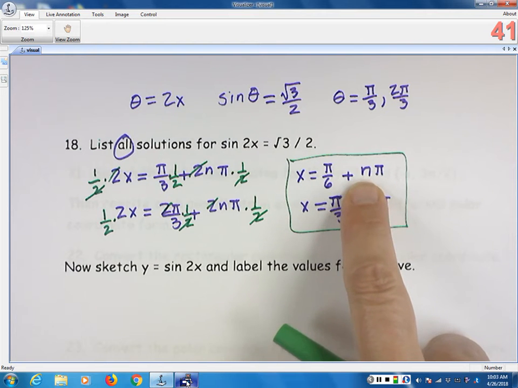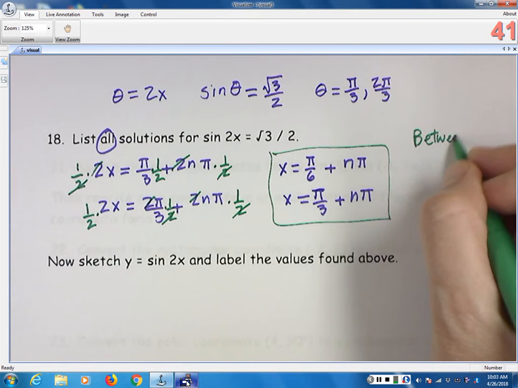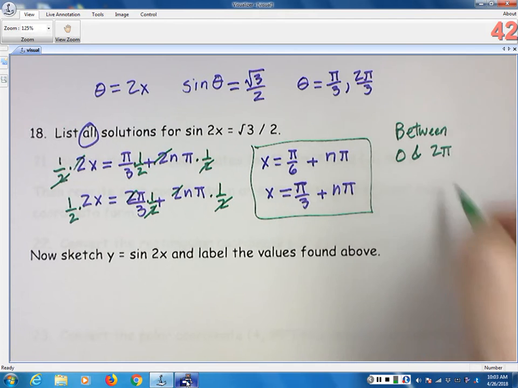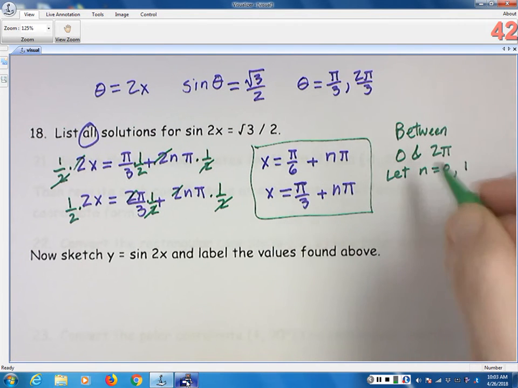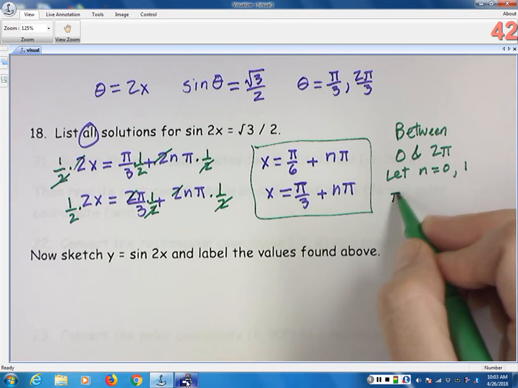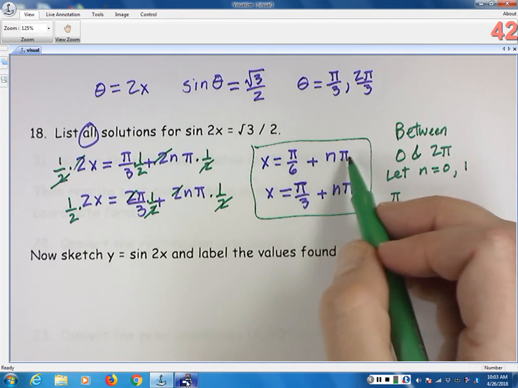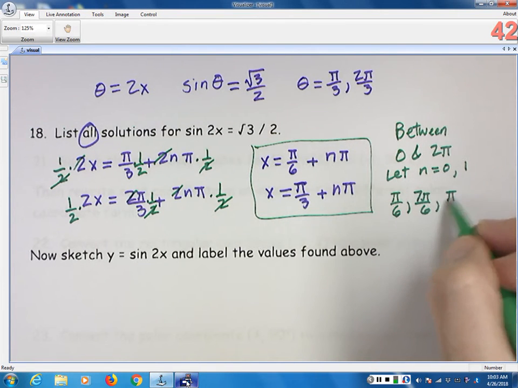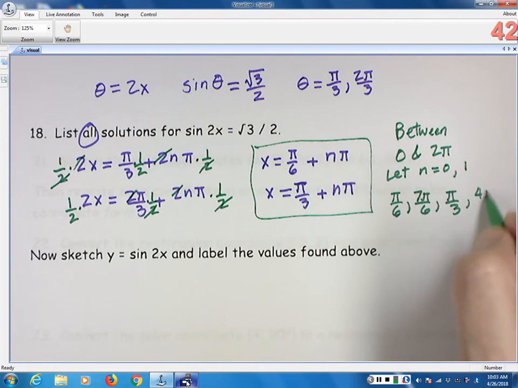So if you needed the solutions between 0 and 2 pi, you would let n equal 0 and then 1, and you will get pi over 6, and then you put 1 in here, and you get 7 pi over 6, and you have pi over 3, and you put 1 in here, and that'd be 3 over 3 is 4 pi over 3.